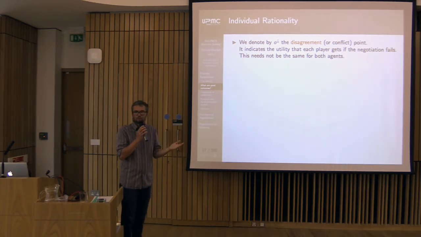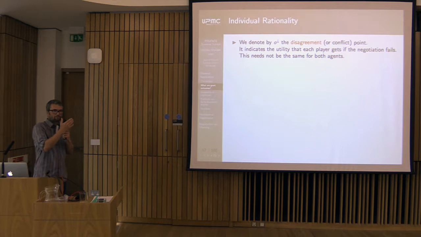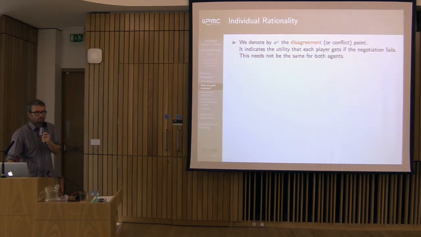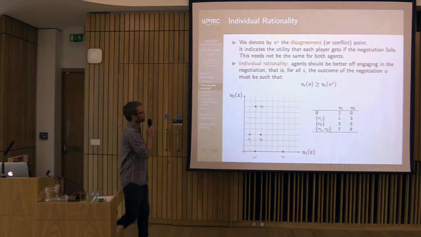I mean, if you take the recent discussion over the Greek issue and the Greek debt, it was not clear to anyone what would happen if the negotiation failed, and what would be the value of failing for each party and so on. So that's really something which is central in most negotiations. And it may not be the same for both agents, of course.